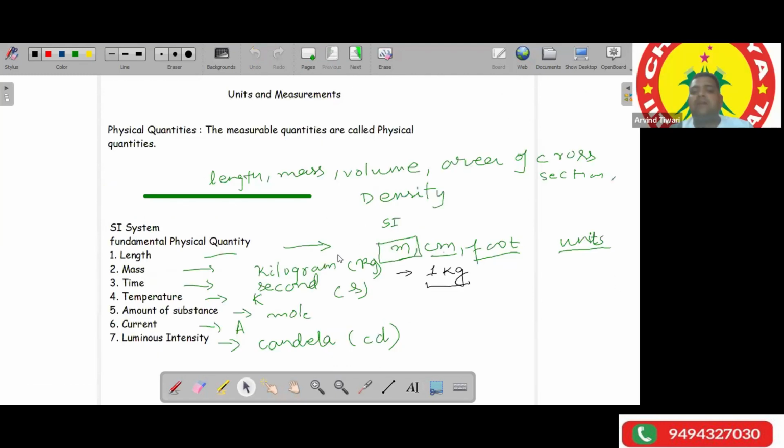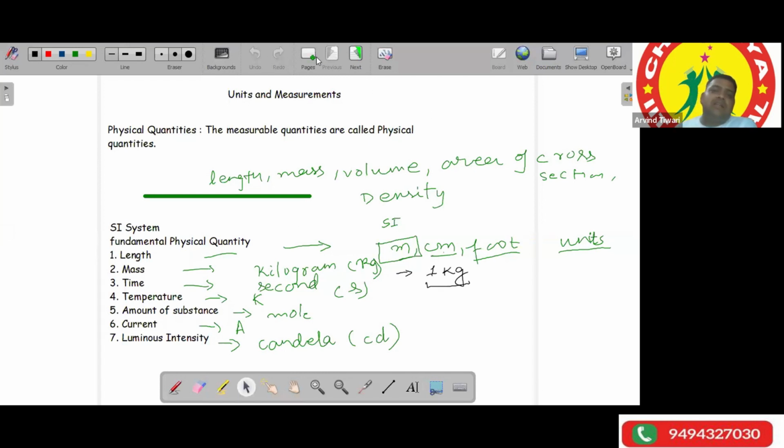Here we have discussed mainly the SI system of units. The SI system of units is the international system of units which has been accepted for measuring physical quantities. However, some people may use other units like the FPS system. You have a CGS system.